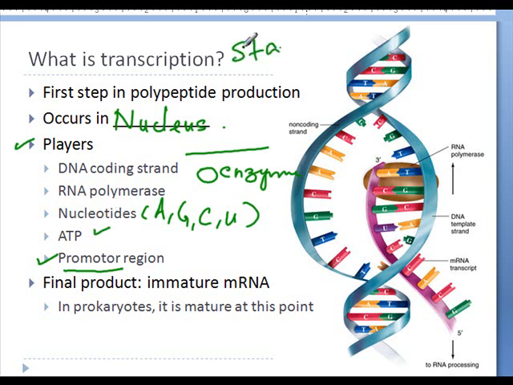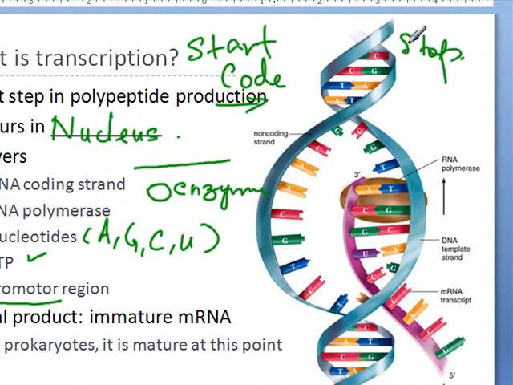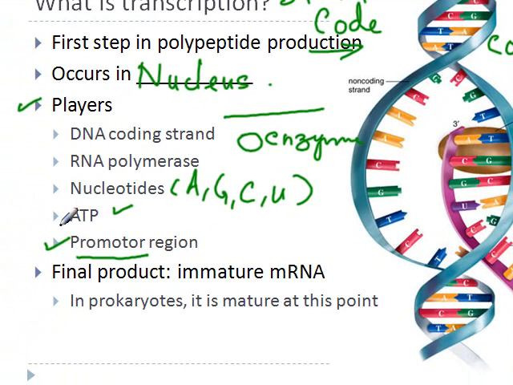So there is a start code which helps the polymerase recognize the promoter. And similarly, there is also a stop code, because if there was no stop code, the polymerase would just keep on making a long strand of messenger RNA. That is called the stop codon. If you go back to the chart that I showed you where we had all the 64 combinations, you will find a start and a stop code over there.